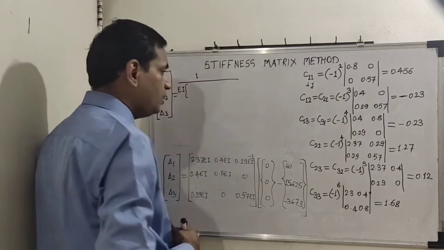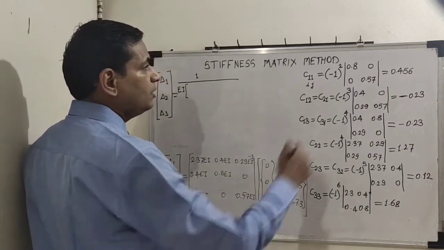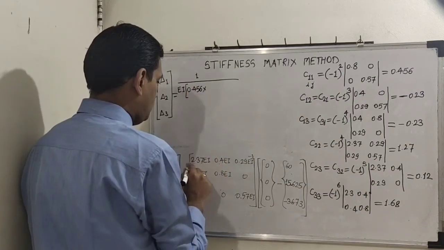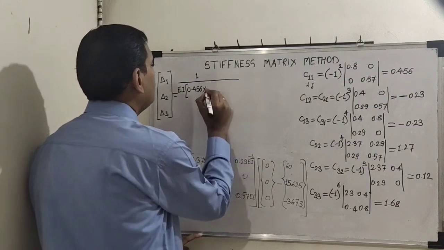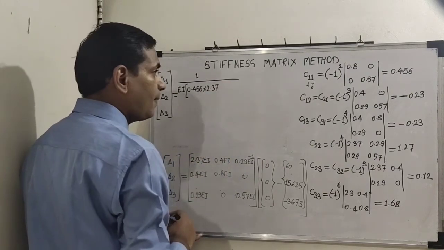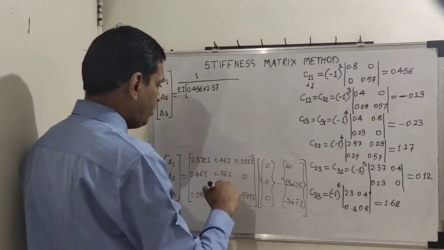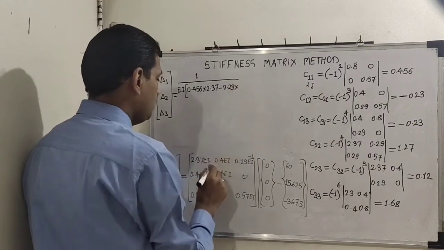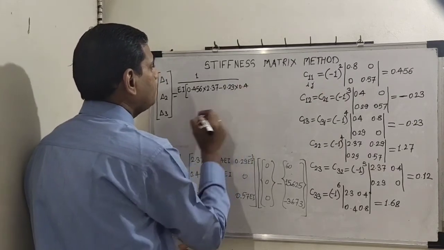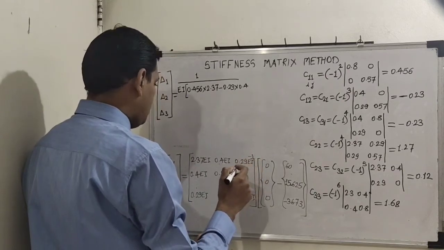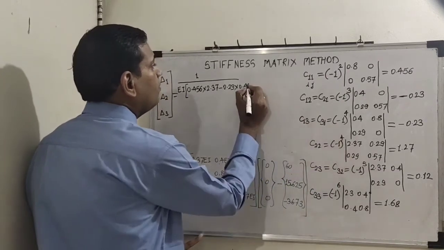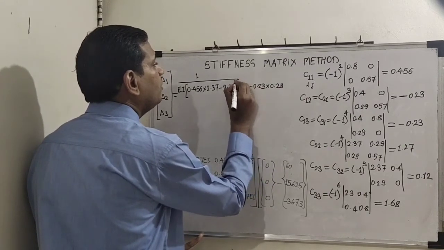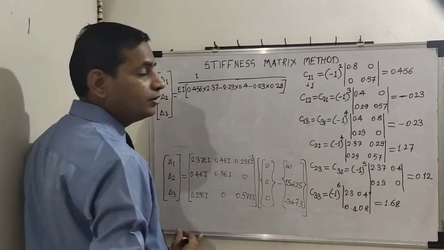Now carefully see determinant of 3 by 3 matrix. C11 cofactor 0.456 into first row, first element 2.37, then first row, second column minus 0.23 into 0.4. Okay, then first row, third column. So again minus 0.23 into 0.29. This is determinant of 3 by 3.